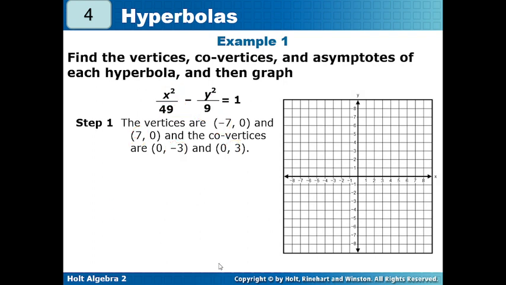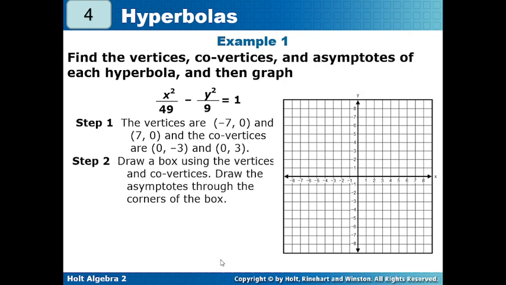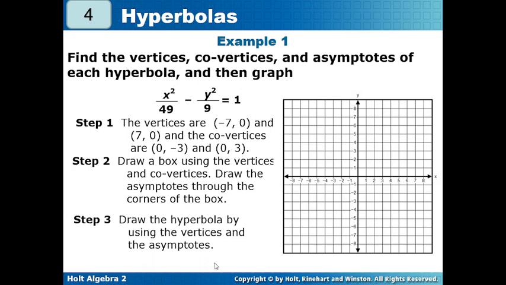How about for the asymptotes? So step 2 is we're going to draw a box using the vertices and co-vertices in order for us to draw the asymptotes. We're going to draw the hyperbola using the vertices. Coming from the center, what's the center? It's 0, 0. Can we see any values of h and k?